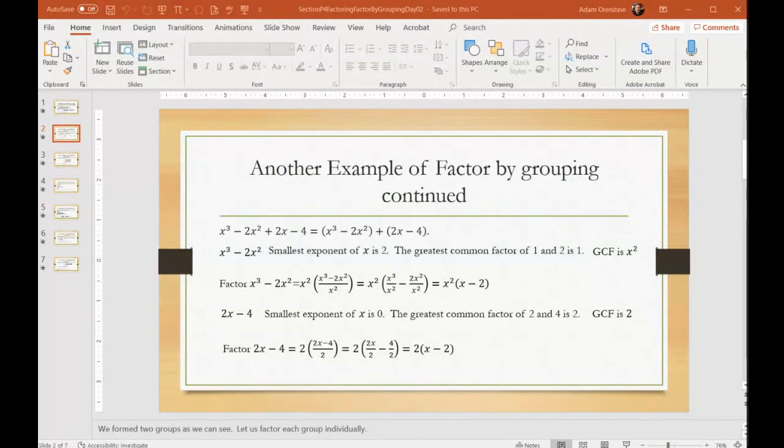Because in parentheses, we have something in common: x minus 2. That's really what you want to happen when you do factor by grouping. You want those two groups in parentheses to have something in common. And in this case, we have x minus 2. That's good.